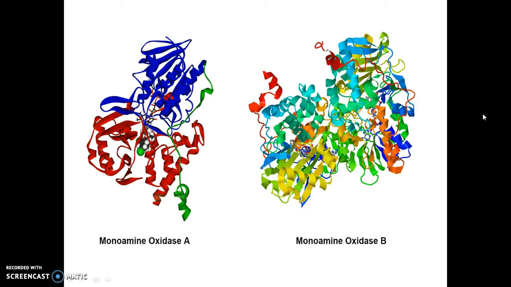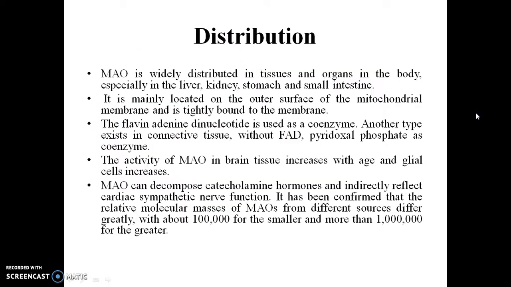If you see the distribution, the monoamine oxidase enzyme is widely distributed in the tissues and organs of the body, especially in the liver, kidney, stomach and small intestine. It is mainly located on the outer surface of the mitochondrial membrane and is tightly bound to the membrane.